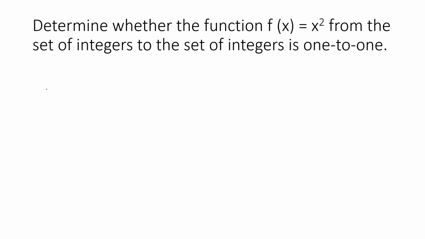Because f of x equals x squared could have the value of f of 1 equal to the value of f of negative 1, which is equal to 1. So in other words, you have two elements in the domain that have a common element in the codomain. Okay, so this is not one-to-one.